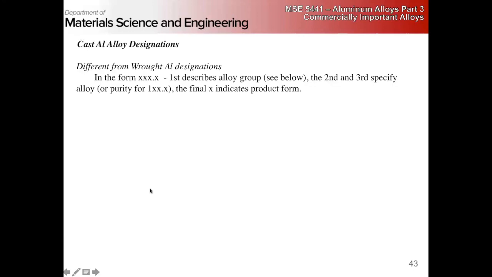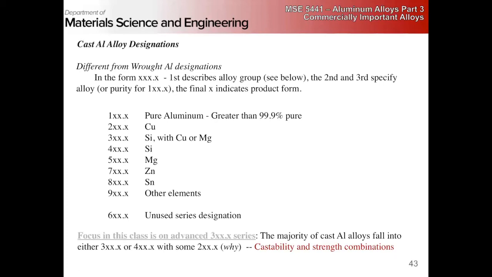The cast alloys have a slightly different designation than the wrought alloys. Instead of the thousands, these are the 100s, 200s, 300s, and have 3 digits plus a final X after the decimal point that indicates the final form.